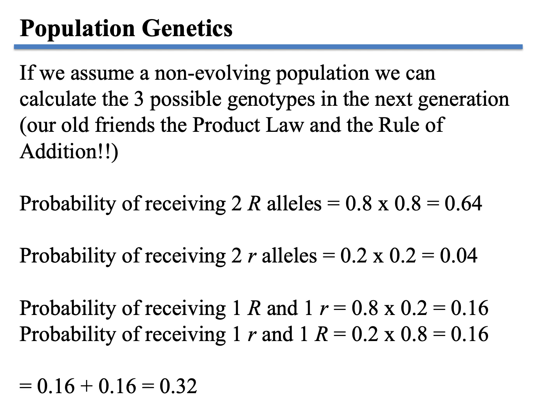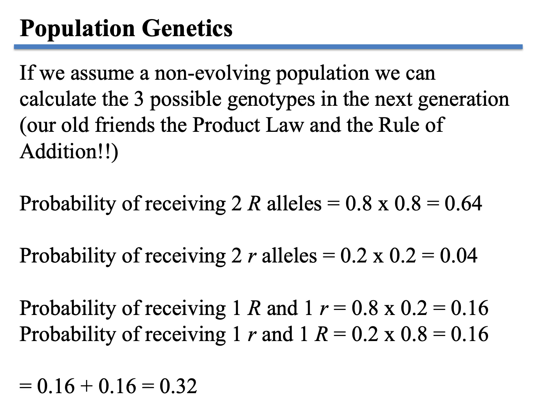What is the probability of receiving one dominant allele and one recessive allele in that order? 0.8 times 0.2, which is 0.16. And the alternative, the other way an individual can be heterozygous, receiving the recessive allele from the first parent and the dominant allele from the second, 0.2 times 0.8, which is 0.16.